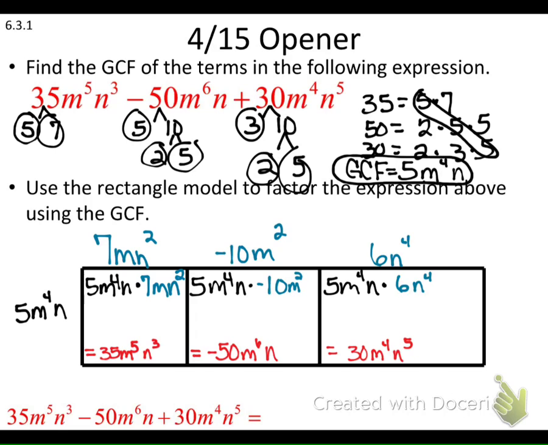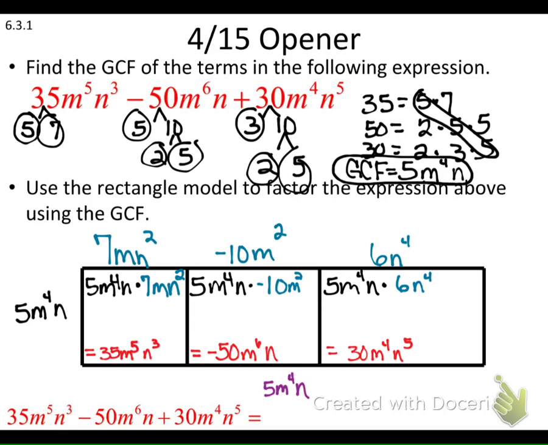Now you would think you would finally be done, but we're not because now we have to write our final answer. You guys have room at the bottom of your opener where it has the expression and the equal sign. So I have area equals, and then I'm going to write in my answer. So my answer is my height. So what's my height here? 5m to the 4th n. Then what do I put in?